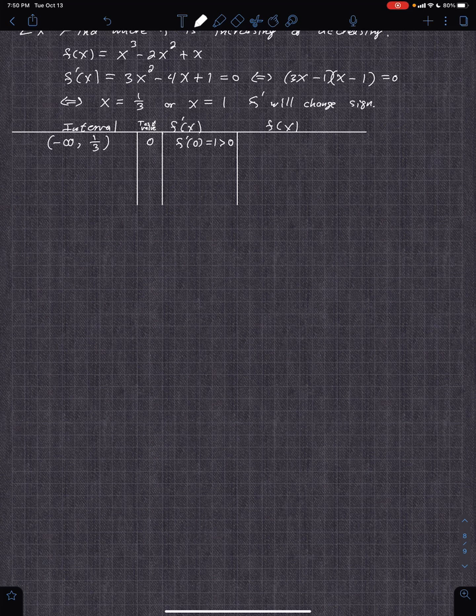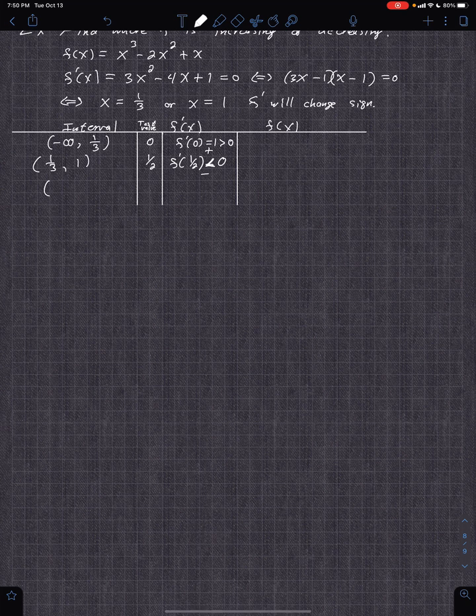The next interval is between 1/3 and 1. In that interval, you can test maybe a half. So you do f prime of a half, and you can verify all these. It's less than 0. So the key is this is positive, this is negative.